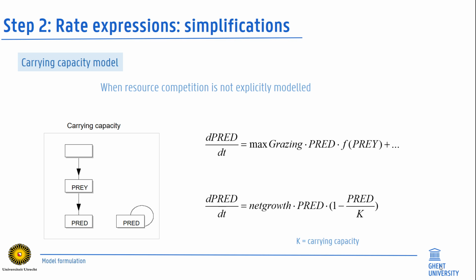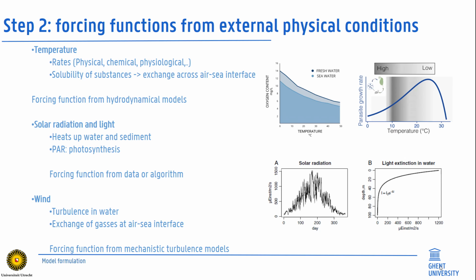They thus indicate the population size where population or biomass growth rates are 0 and where populations stay stable over time in size. The term 1 minus predator abundance over K is here included in the equation to make this growth rate dependent on the density or abundance of the predators, or more generally, the workers.